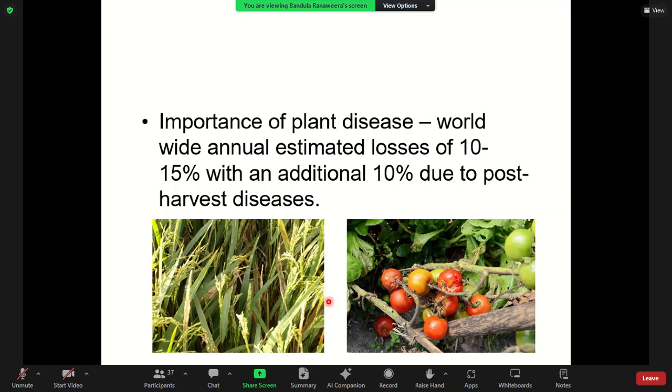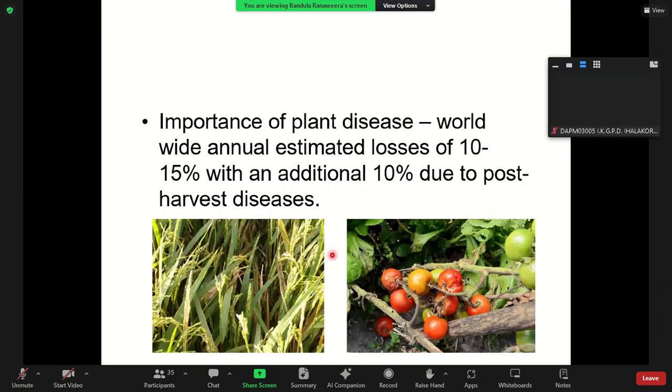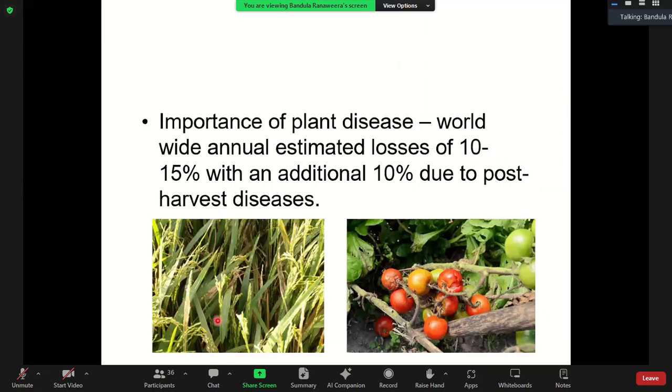So if there are no actions taken to control diseases, these types of diseases will be creating yield losses. Now, see these again on these rice leaves, there are patches that are covering these leaves. See, somewhere here, there are patches covering these leaves.